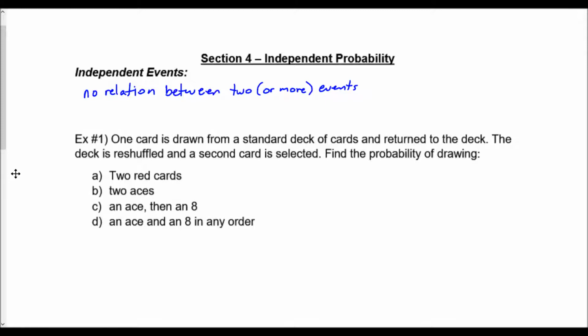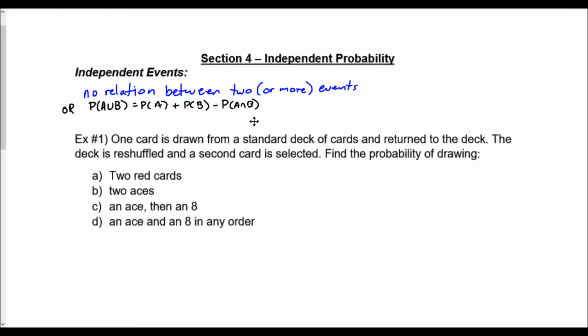Now tying back into section 2, when we talk about mutually exclusive and non-mutually exclusive events, we do have to remember some of our terminology. For example, if we are using the word or, it means that we're talking about the union of events. We have the probability of one thing occurring, adding the probability of a second thing occurring, subtracting the probability of them both occurring, so when we have something that can have any kind of overlap.